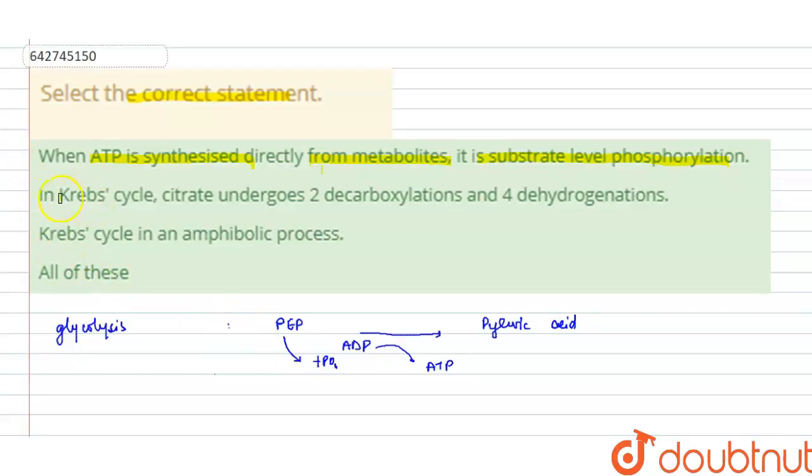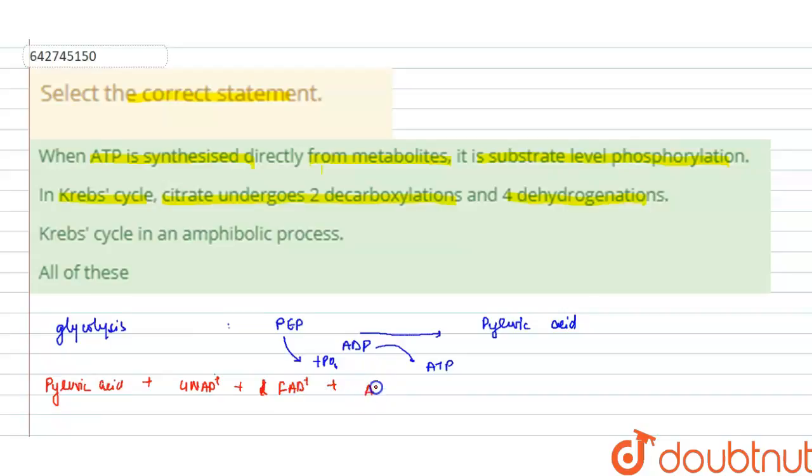Second statement says that in the Krebs cycle, citrate undergoes 2 decarboxylation and 4 dehydrogenation. So you should remember the whole reaction of the Krebs cycle, in which the pyruvic acid combines with 4 NAD positive molecules plus 1 FAD molecule.